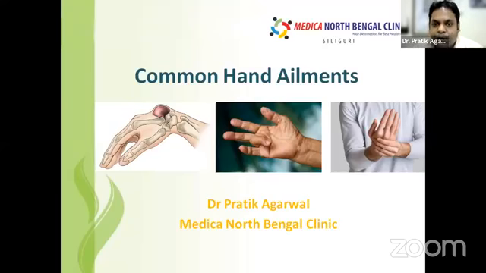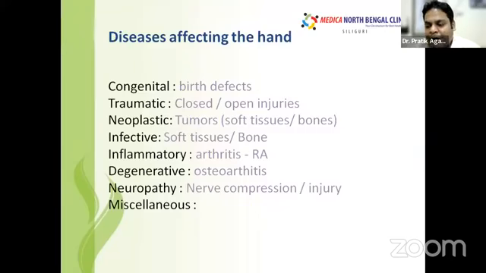So let's start. Common hand ailments can be divided into different categories. It can be congenital, which are mostly birth defects. It may be traumatic, either open or closed injuries. Neoplastic, which are mainly tumors of the hand, which may involve the bones or the soft tissues. It may be infective, again involving the soft tissues or the bones of the hand.